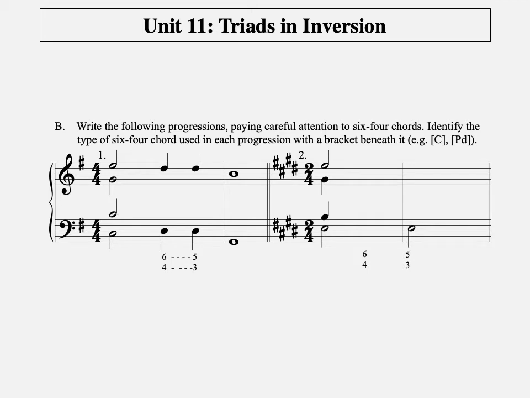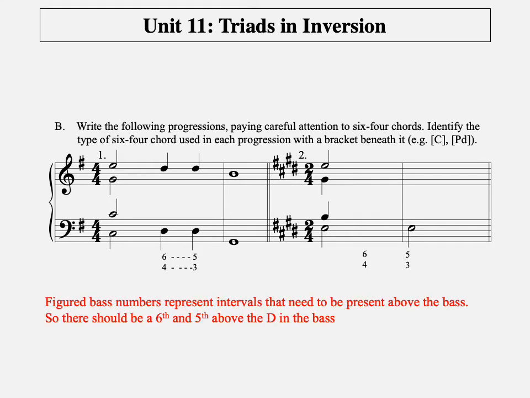But a sixth above D is B, and a fifth above D is A, so you need to go write those somewhere. A good place to write them would be in the tenor voice, because you don't have to skip that around very much to do that. So we'll put B and A in the tenor voice, and that takes care of the 6/5 part.